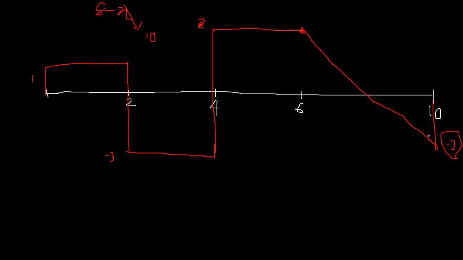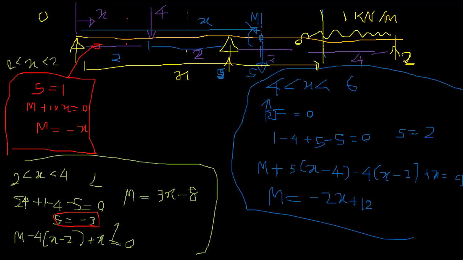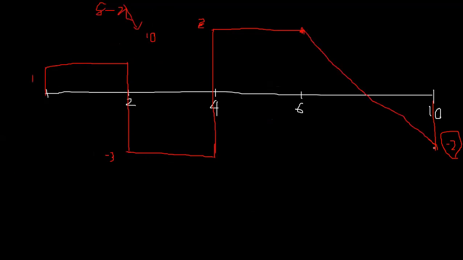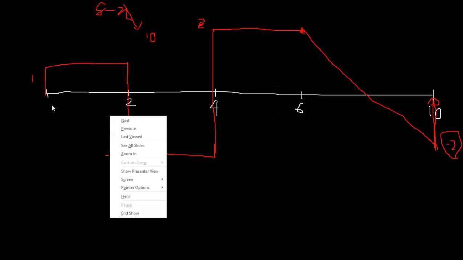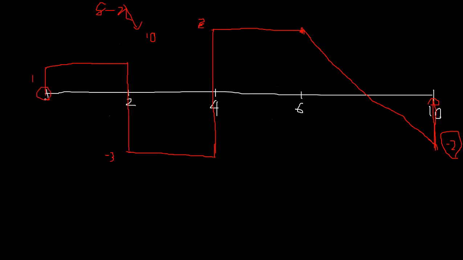When you came to minus 2, you have a 2 kilonewton reaction upwards, so you should go and meet the beam. The first criterion: you start from the beam, go upward, downward, upward, then positive shear, and finally you should meet the beam again. This is the total shear force diagram.